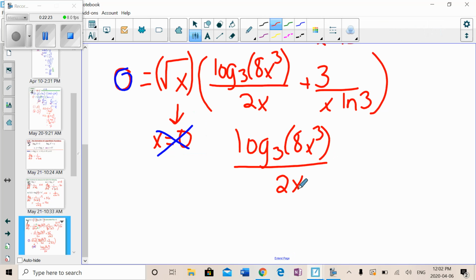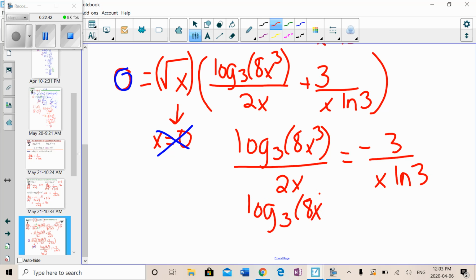When I set it equal to 0, then I'm going to move the 3 to the other side, so equals negative 3 over x ln 3. And I know x can't be negative and x can't be 0 anyway, so I'm just going to cross multiply. So log base 3 of 8x cubed equals negative 6x over x ln 3.